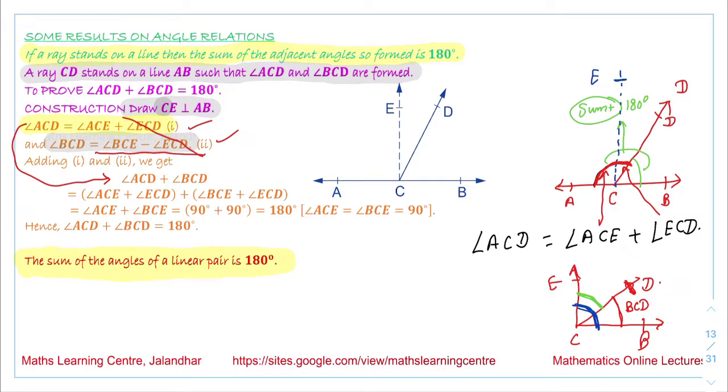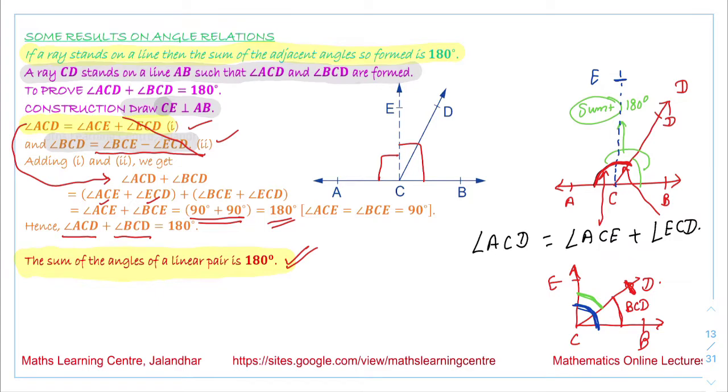Now both these angles are 90 degrees, because we have drawn the perpendicular over here. So their sum is 180 degrees, and hence we get angle ACD plus angle BCD is 180 degrees. This is the same as saying the sum of the angles of a linear pair is 180 degrees.